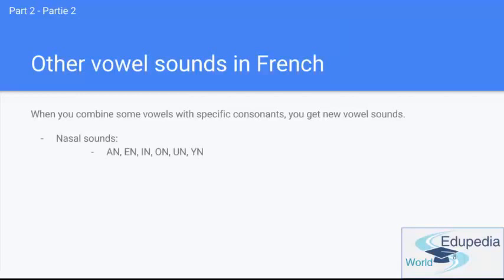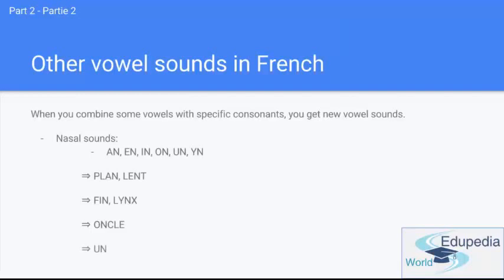We have en, as I said, which you find, for example, in the word plan or lent. Un, which you find in words like fin or lynx. Un, which you find in the word oncle, for example. And then un, which you have in the word un.